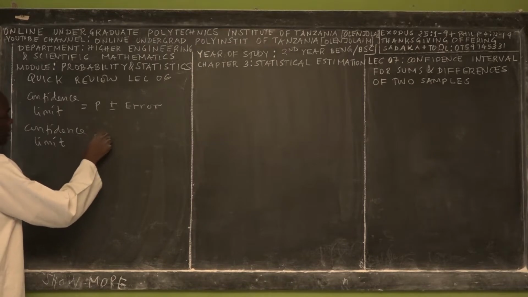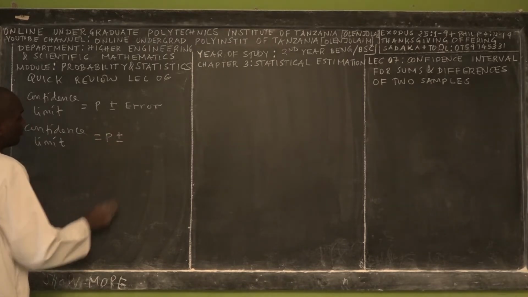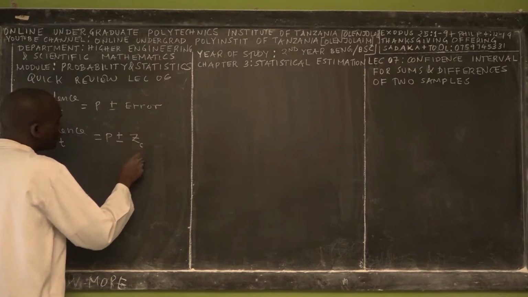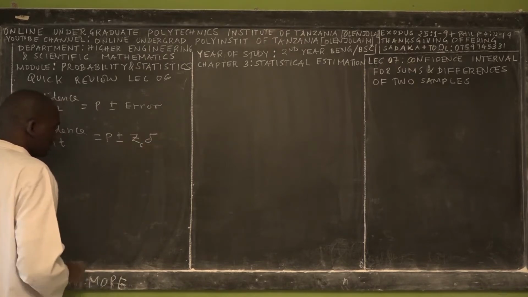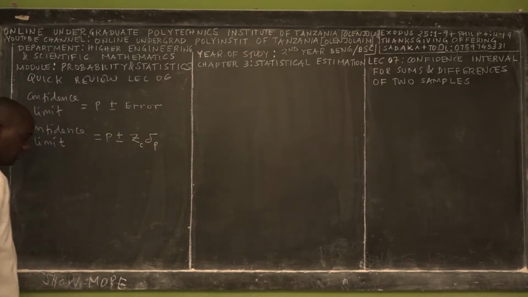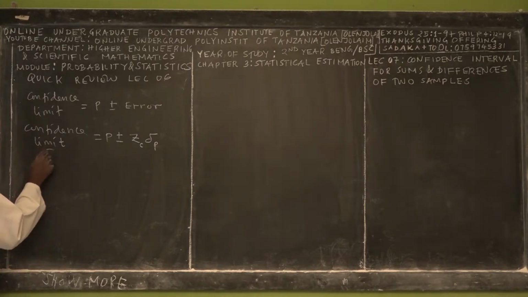is also given as probability of success plus or minus the standardized value at critical value times the standard deviation of proportion. Then we have been focusing on the infinite population.